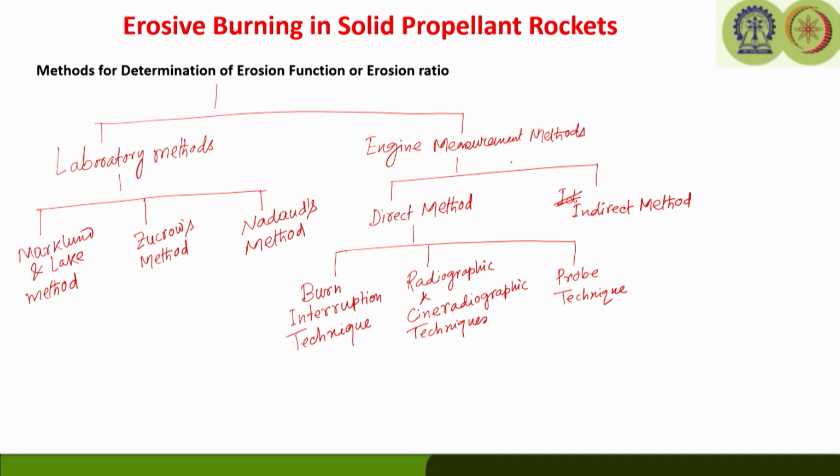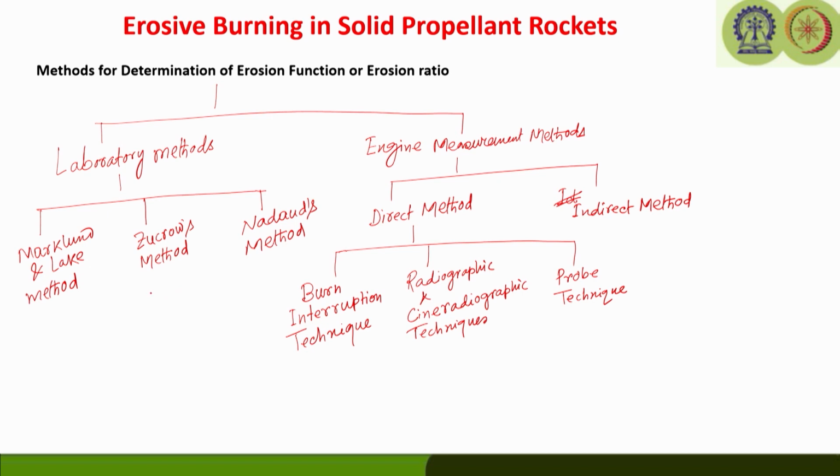One thing we should remember is that once you estimate the data from the laboratory methods and get the data from the engine measurement methods, there might be some variations between the two, because in the laboratory methods the way the boundary layer forms differs from the engine measurement method.